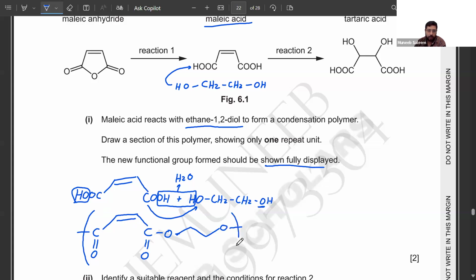So I'm going to put a curly bracket over here. Now this is how I'm going to show the part of the polymer, and it should not be written n because it is not a full polymer. Instead, it's only one repeat unit. So we do not write n here. So it is completed now with only one repeat unit, and that's all.